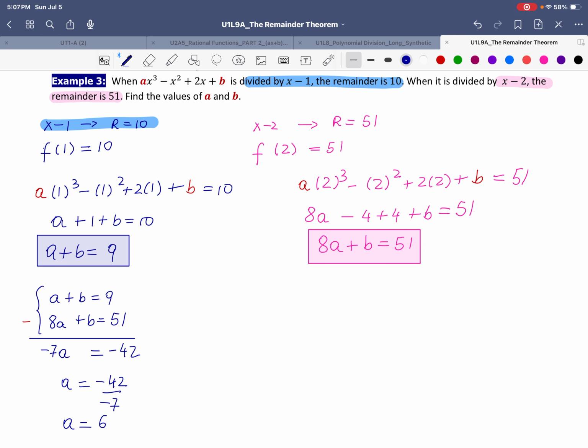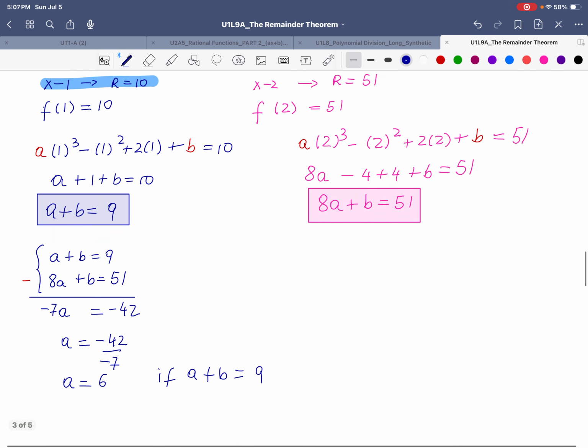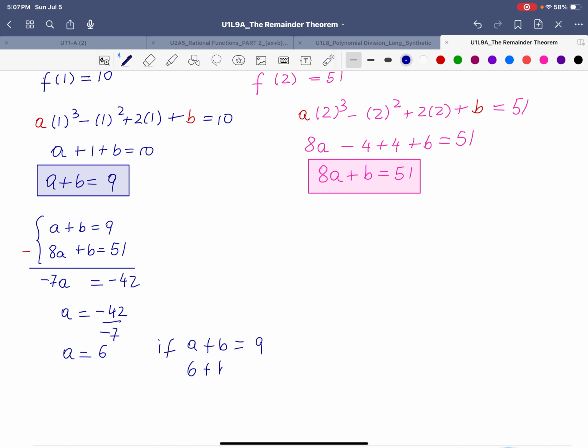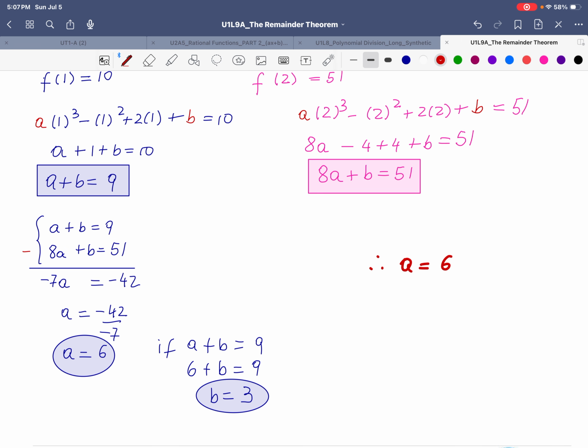So if a plus b is 9 and a is 6, that will make the value of b equal to 3. So therefore, we're going to say that the coefficients, a and b, are respectively 6 and 3.